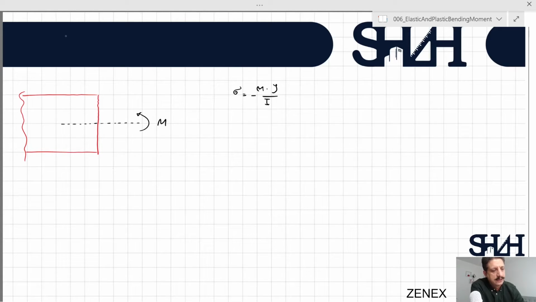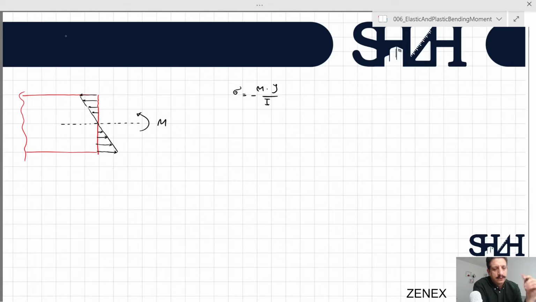So it's a linear distribution of the stress. Compression, compression, compression, and then tension, tension, tension.